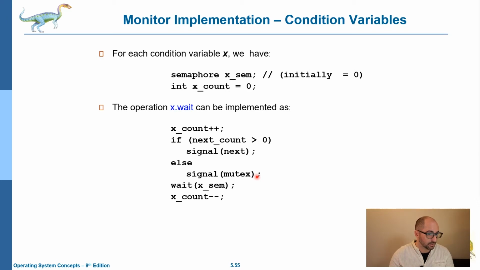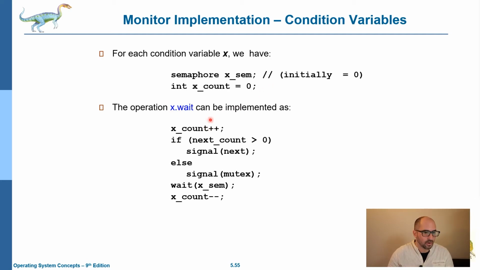Why we do that, we need to take a look at wait. We will signal one of two mutexes, and then we will wait on the x semaphore that's created for the variable. After that wait returns, we can reduce the count. The important piece of our wait is that we incremented our count of x count, and then we waited on the semaphore, which is initially 0.